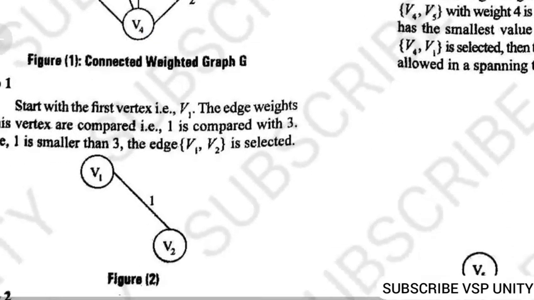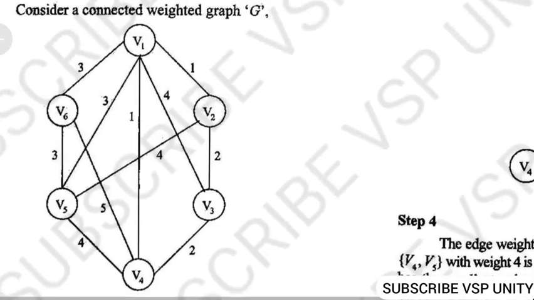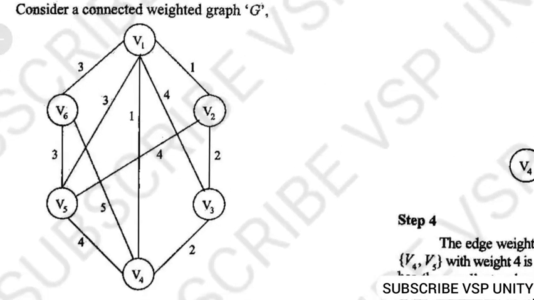See here, in this first step I have selected v1 and v2 as vertices, which have the path of 1. After this, the adjacent edges are v1 to v6 and v2 to v3.